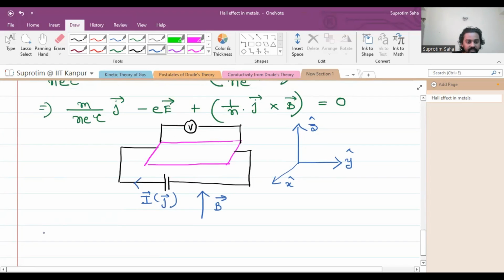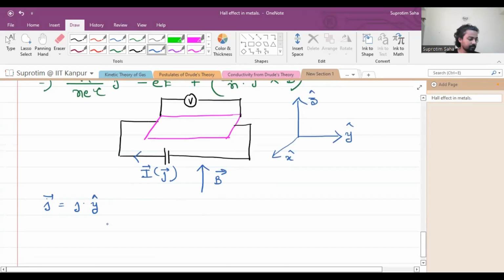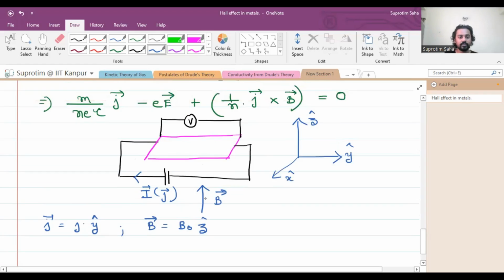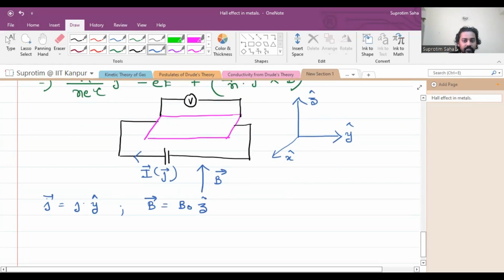So J vector is J times Y cap, and also B vector is B naught Z cap. So put it in the above equation.